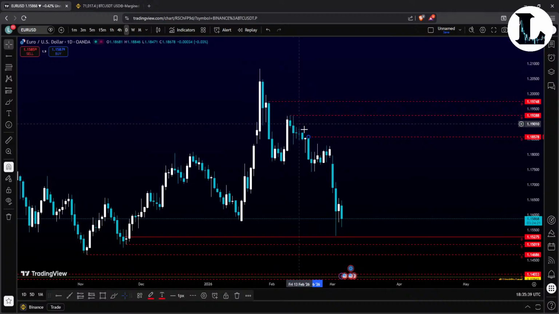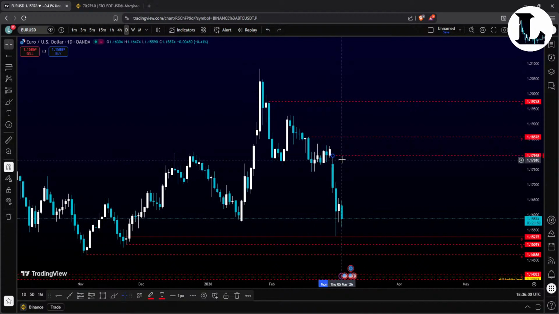Well, actually, I would say that this is probably the best one. This daily is inside that one, and you can see that we just broke the body of this white candle after creating that one. So I would say that is my break level, and the next one is here.